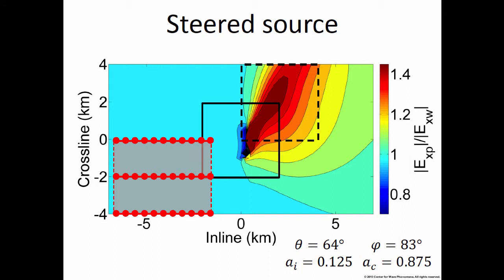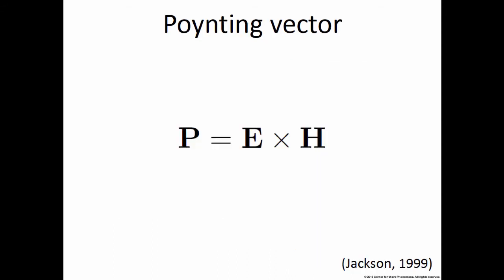But one measure that can tell us something about the direction is the Poynting vector, or the energy flux density of an electromagnetic field. And this is found by cross-multiplying the electric and magnetic field. And for EM fields in the frequency domain, we average this value over time to remove the effect of the oscillating source.